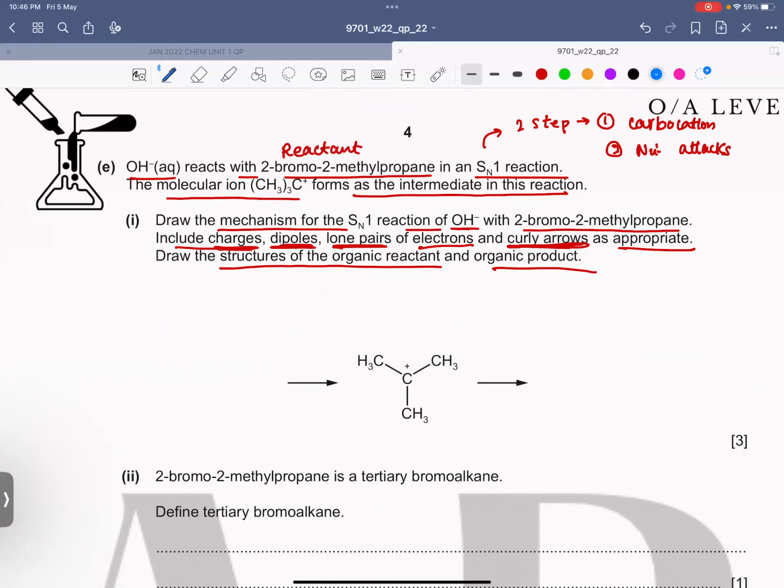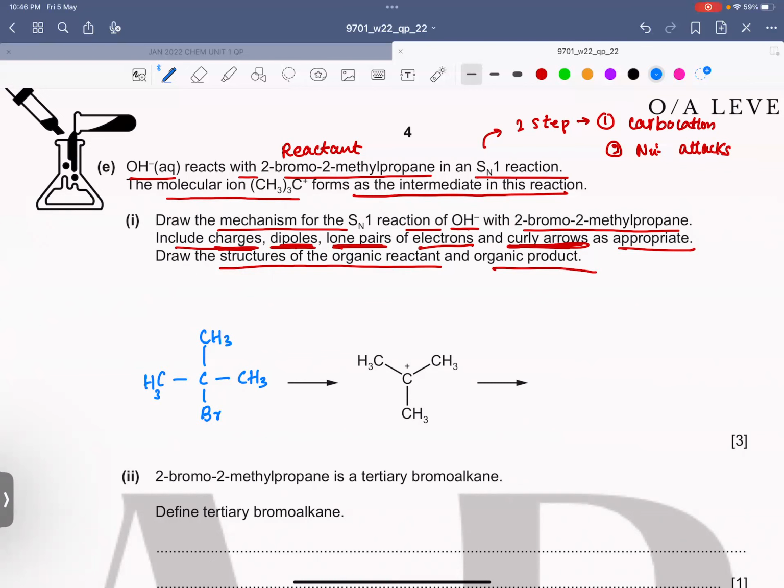So as it's propane, it must be a 3-carbon chain, and on the second carbon there is a bromine and there is a methyl. So all the 4 bonds of the second carbon are completed. Now the carbon on the left and the carbon on the right both have 1 bond each, so it means there must be 3 hydrogens on both of them. So see, we got the structure of our reactant.